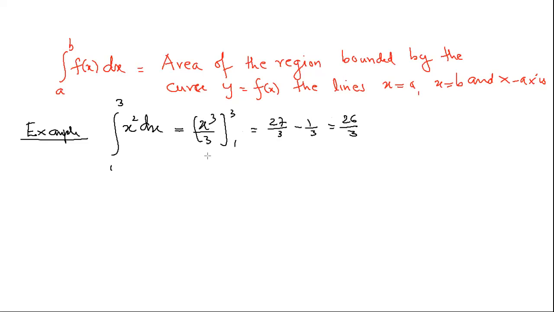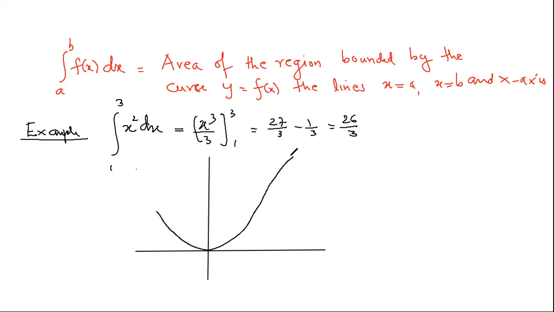First and foremost thing, you will draw x and y axis. Then you will draw the curve y equal to x square. What is this curve? Y equal to x square.